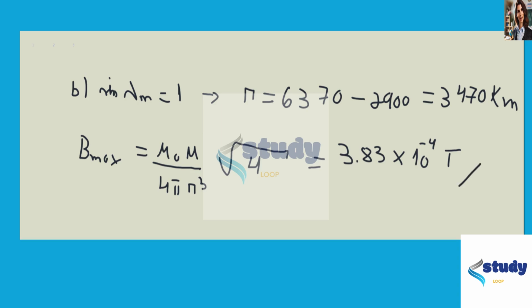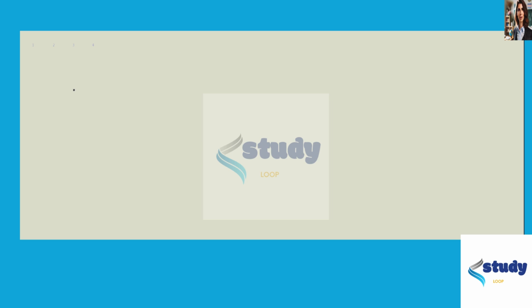Now for part C, we want to know the magnitude, and for part D, the inclination of the magnetic field at the north geographic pole. So for part C, the angle between the magnetic axis and the rotational axis of the Earth is 11.5 degrees. So we have λm equal to 90 minus 11.5.